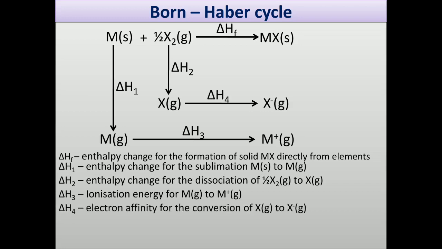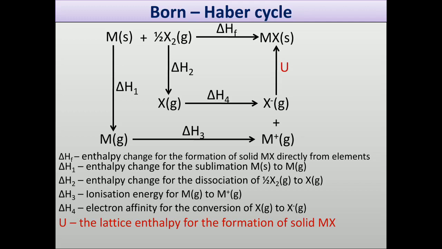Finally, the lattice enthalpy for the formation of solid MX from M plus and X minus ions is U. So here U is the lattice energy or lattice enthalpy. Now, according to Hess's law of heat summation, del HF is equal to del H1 plus del H2 plus del H3 plus del H4 plus U. From this formula, we can easily find the lattice enthalpy for the formation of solid MX, U.